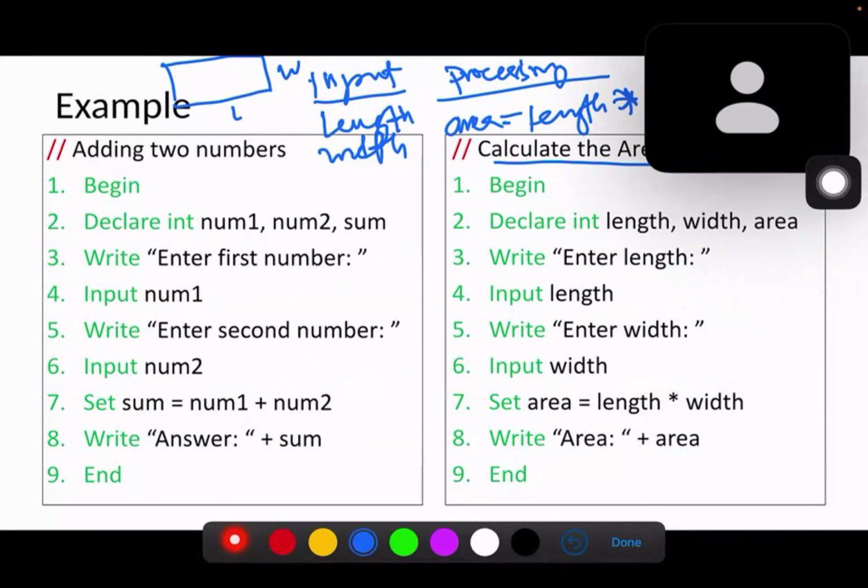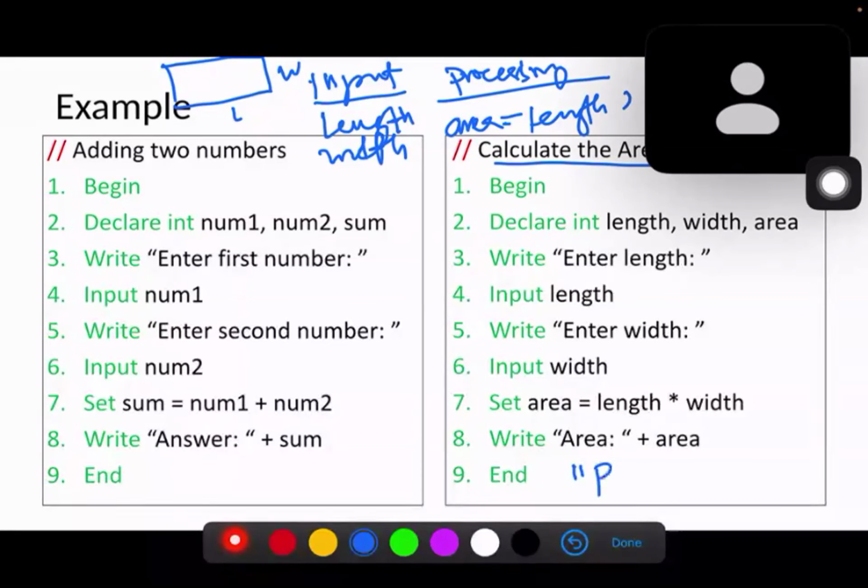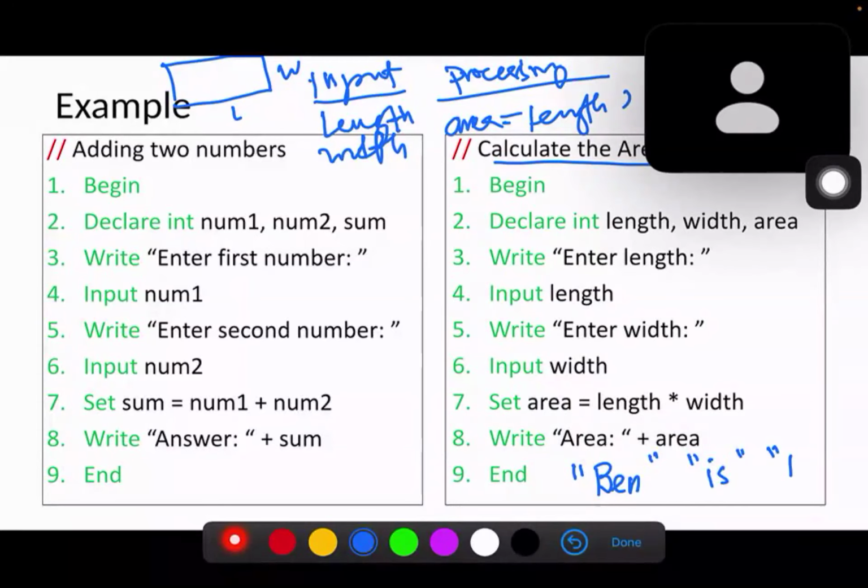Yes, I wanted to ask about number 8, the area. Why do you put a plus before the area? That one I've already mentioned. It is called concatenation. For example, if I have a string, maybe I have pen, and I have another string, is, and I have another string, a boy. If I want to combine all three of these strings together, I'll put a plus in between them.